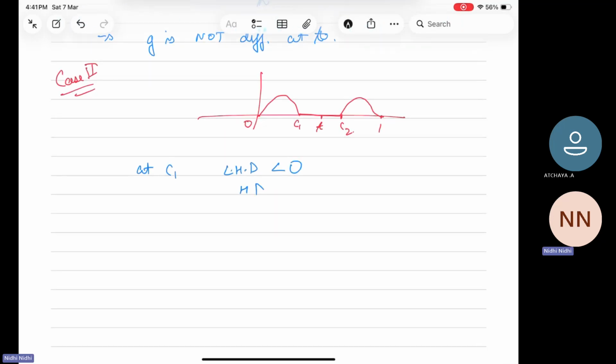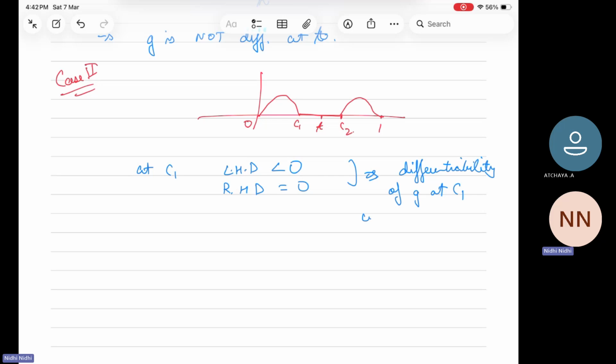And the right hand derivative will come out to be equal to 0. So the differentiability of g at C1 will be affected. Because we know that the function g is differentiable in whole 0 to 1, therefore, it should be differentiable at C1 as well. But in this case, we'll get loss of differentiability at C1. And similarly, using the same thing, you'll get loss of differentiability at C2.